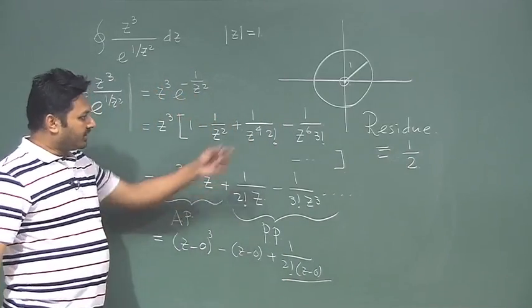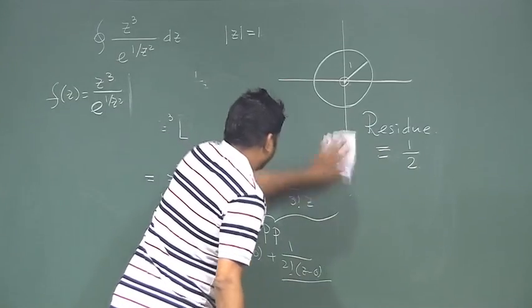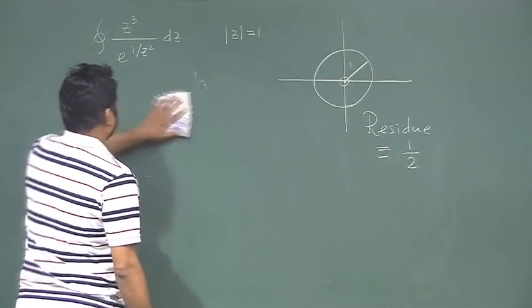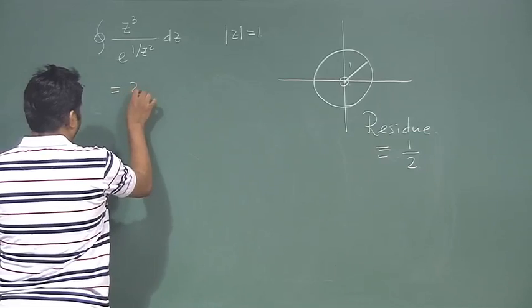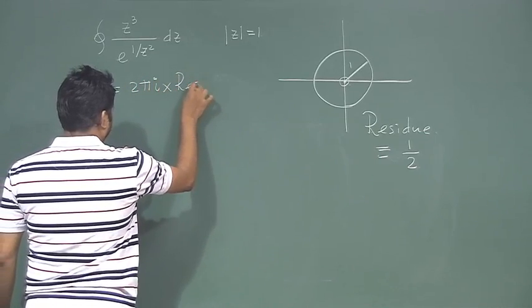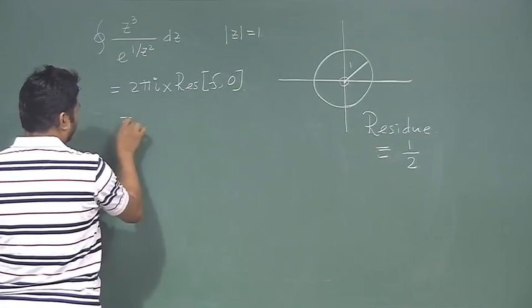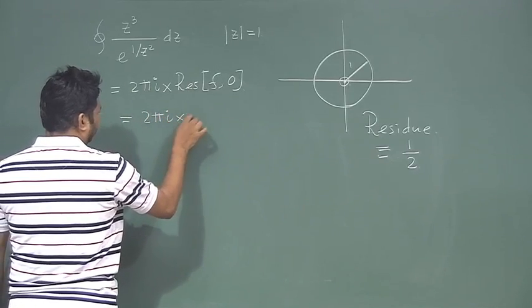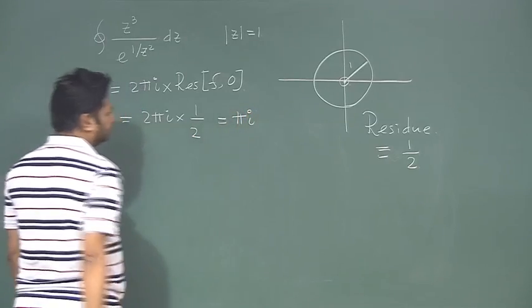So, once I find the residue, the rest is straightforward. The answer is 2 pi i multiplied by the residue of this function at the point z equal to 0, which we evaluated there. So, 2 pi i multiplied by 1 by 2, which is pi i.